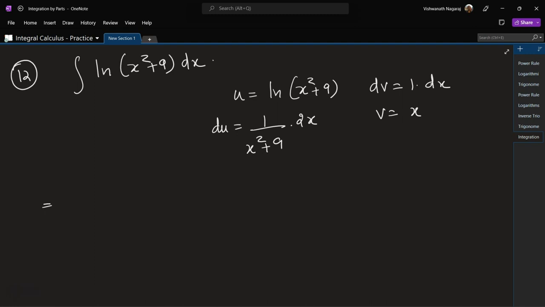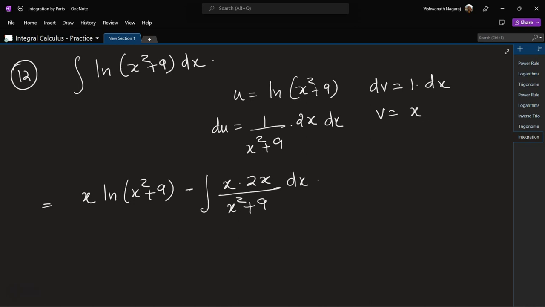Okay, now let's assemble the parts. uv, so uv is x natural log of x square plus 9 minus integral of v du. So that is x times 2x by x square plus 9 dx. Here also we should write dx.